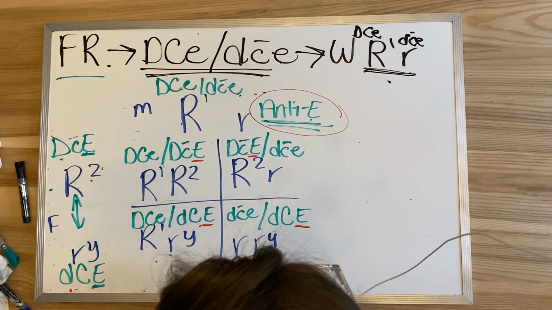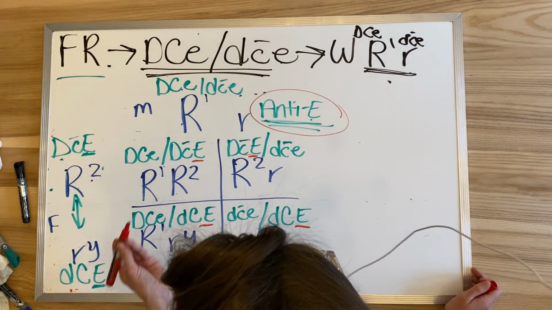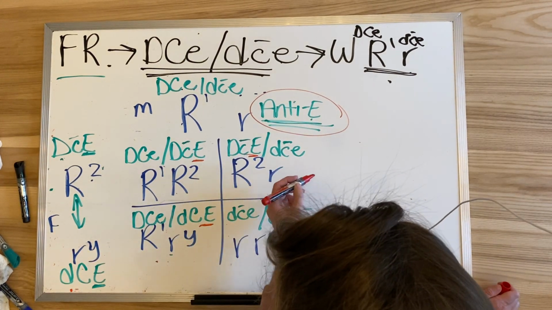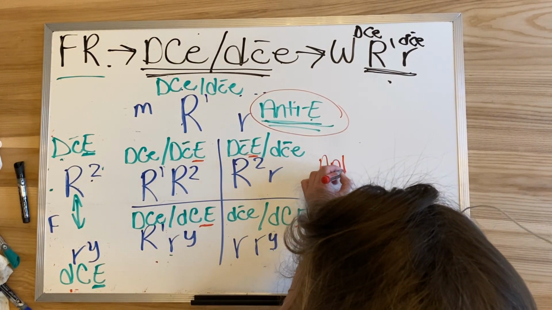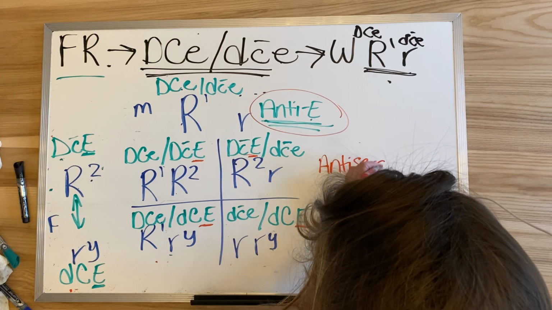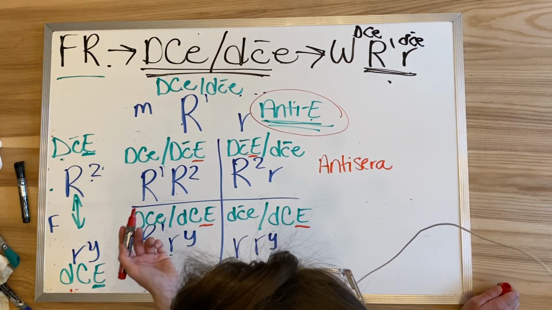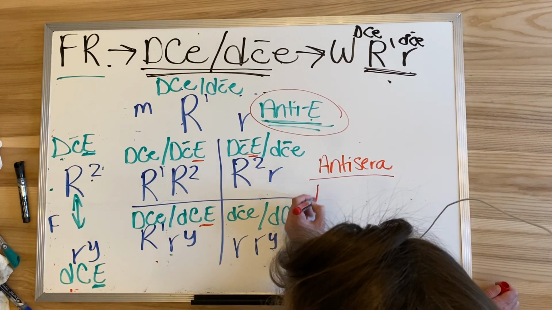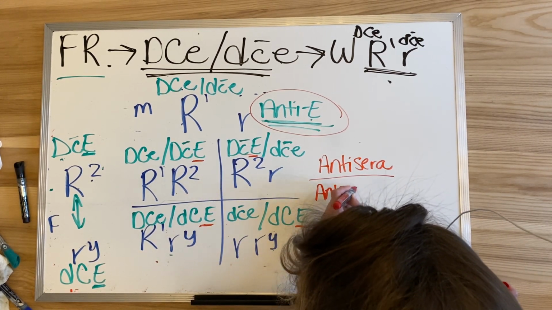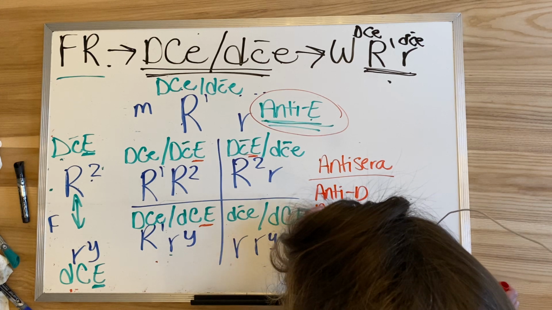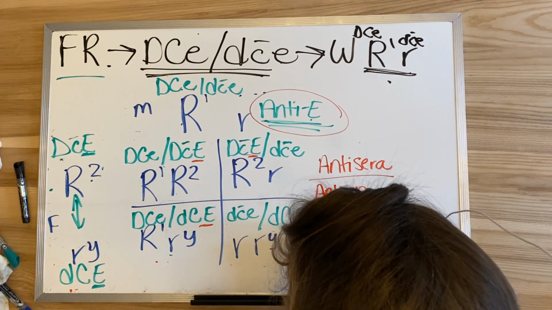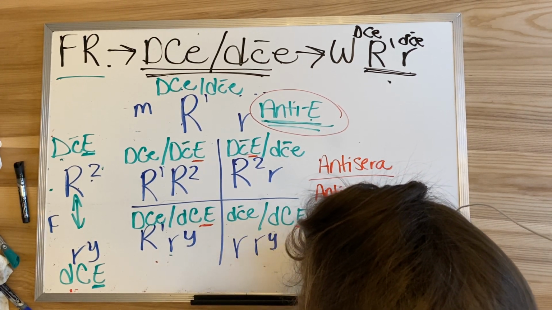But with the RH system, we can, because we have an Antisera for every single one of the RH antigens. Well, we can start with D. We have anti-D Antisera. We have anti-big C. We have anti-little c.